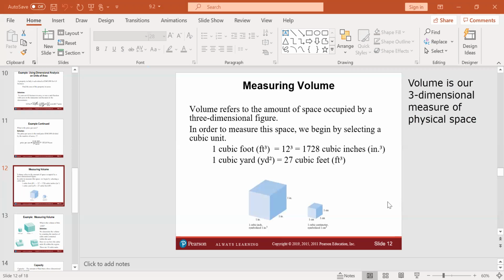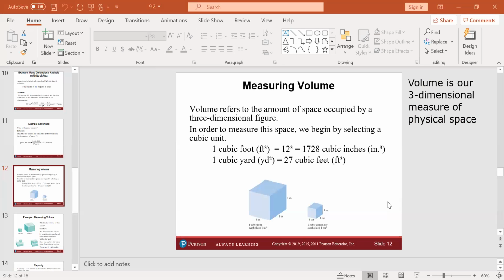So a gallon turns out to be a 3-dimensional measure of space. Think about a gas can, it's a 3-dimensional object. Most objects are 3-dimensional. If you fill that thing with gas, you're filling up a 3-dimensional space with something, gasoline in this case. So gallons are a measure of volume.